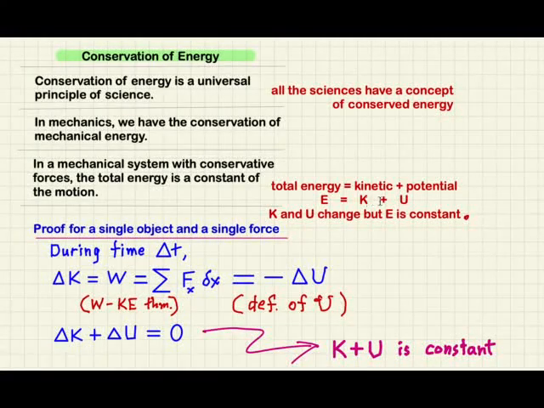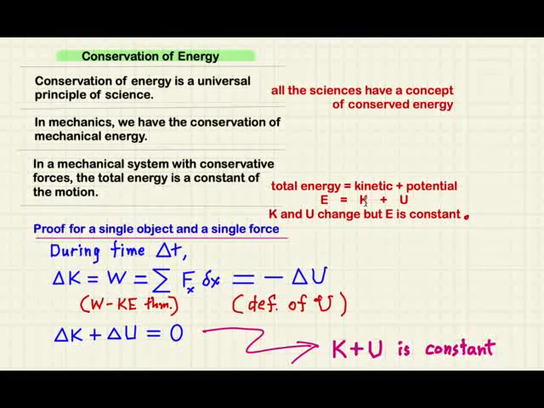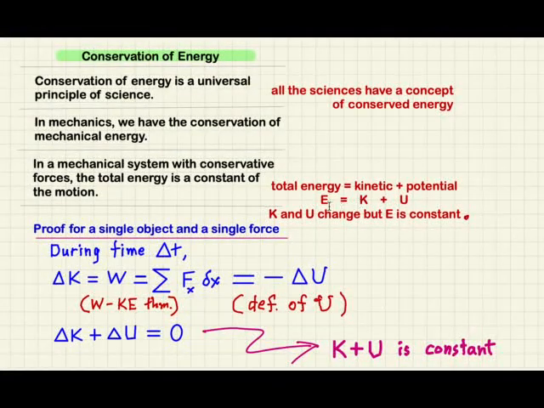And we have some potential energy in the system, one form of potential energy for each conservative force. If we add up all the kinetic energy and we add to that all the potential energy, that's the total energy, E.